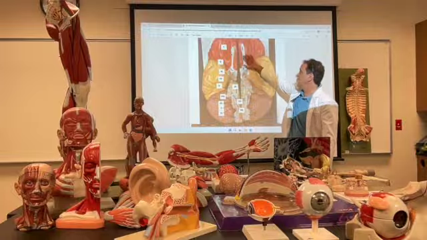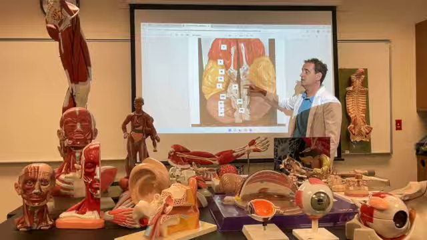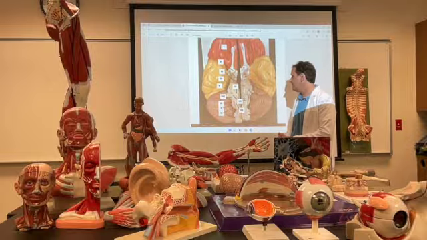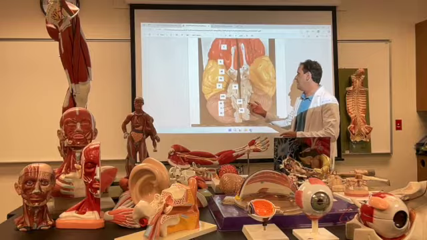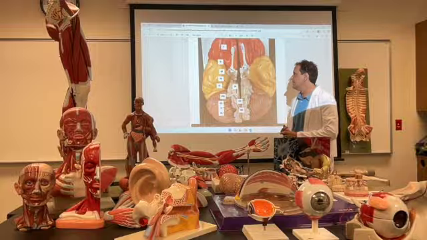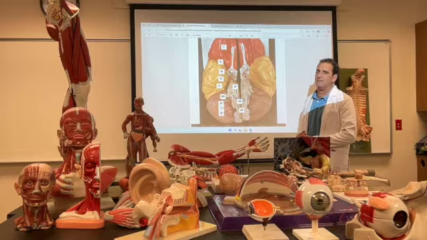You can do olfactory, optic, oculomotor. That's 1, 2, 3. You also have 12, which is going to be hypoglossal. You have 10 down there, which is going to be vagus. So knowing all these, 7, which I pointed out earlier, is going to be facial.